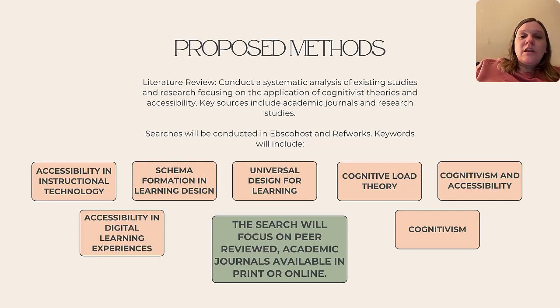The search will focus on peer-reviewed academic journals that are available in print or online. I'm not going to mess with the publication years. I want to see kind of what is the top research of the moment, skim through, look through, and find what works best.